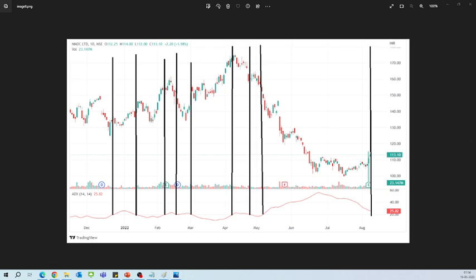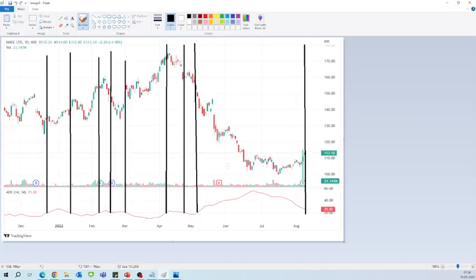Let me open it up in Paint so I can draw a line here. You can see approximately this is the line of 20. Whenever the red line is crossing it, it is showing that my market is trending.